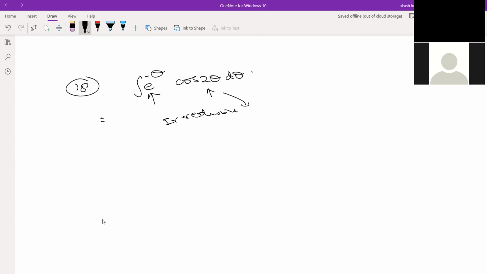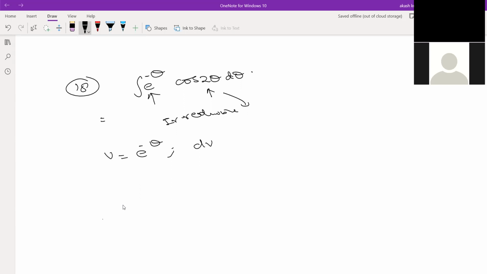So whichever I choose, e to the minus theta or cos 2 theta, let's select our u as e to the minus theta.